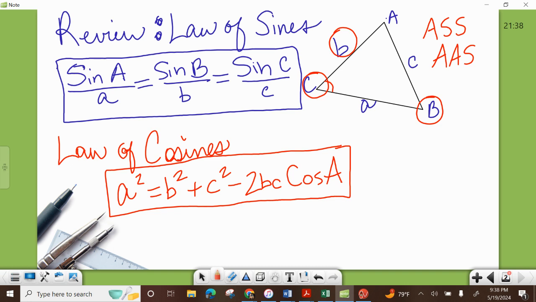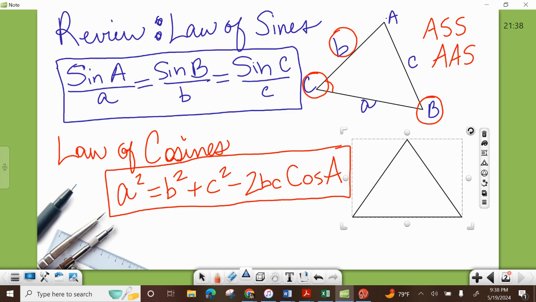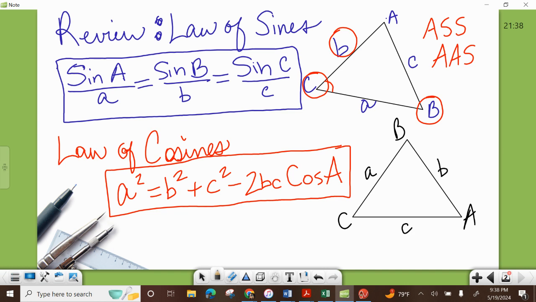Let's look at the law of cosines. Let's say I draw another triangle here. The law of cosines dictates a little bit different conditions. So let's say I have A, B, and C. Whoops, nope, that's not correct.